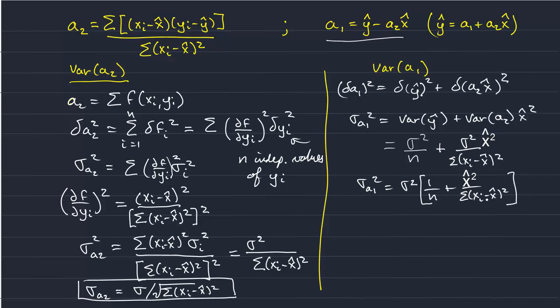And we can show, I won't, but you could show with a little bit of algebra that we can perform this sum by finding the common denominator, and the solution we get is sigma squared times the sum of xi squared all over n times the sum of square deviation of x from the mean.